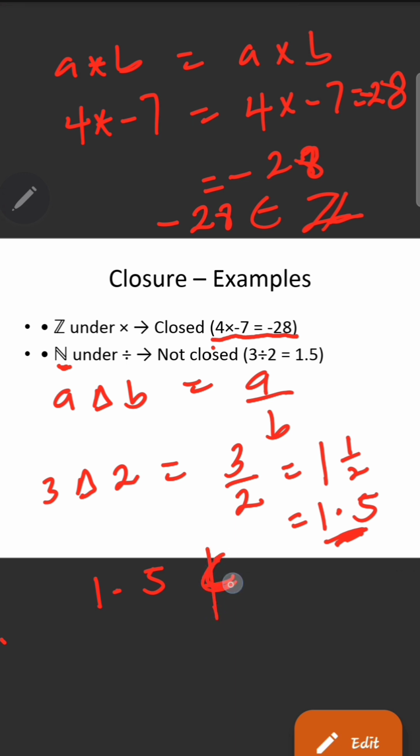Whenever you see me cancelling the E like this, that means it's not an element of natural numbers. So that's why it is not closed. Assuming this is an element of this one now, it will be closed. So division is not closed for natural numbers.